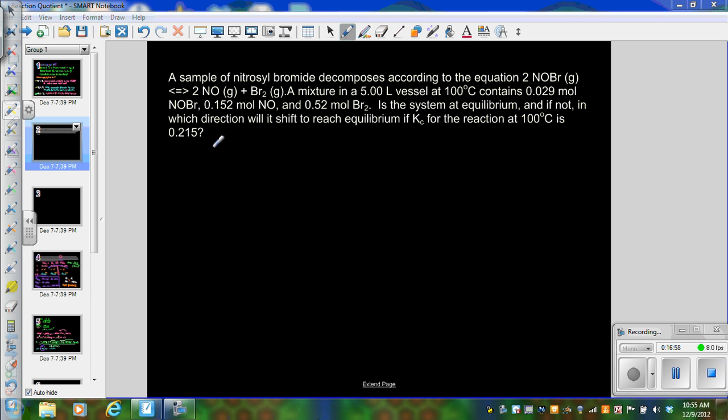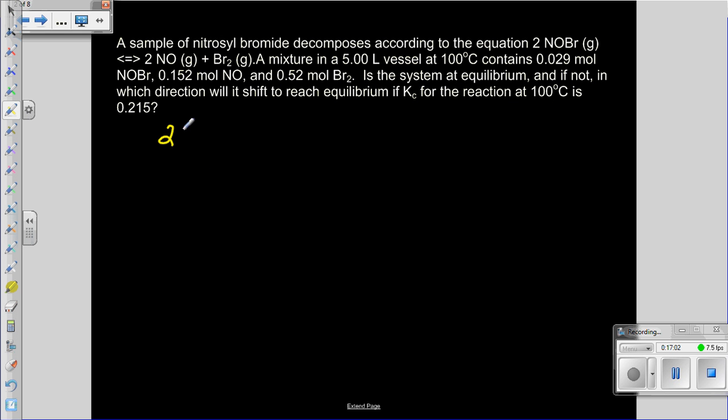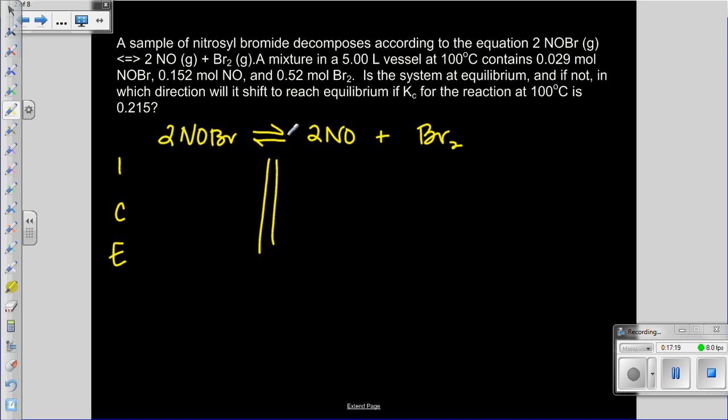So I'm going to start with a balanced equation. Let me make this a big screen. 2 NOBr, it's a gas, in equilibrium with 2 moles of NO, which is a gas, and 1 mole of bromine. I'm going to do initial change equilibrium, double line under the arrow for our fence.